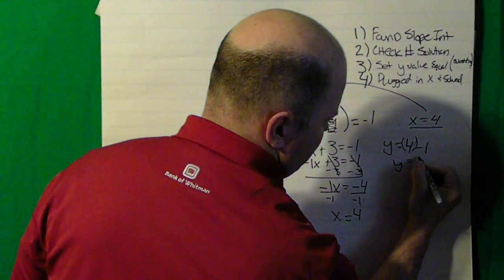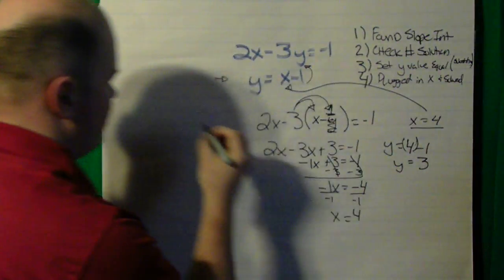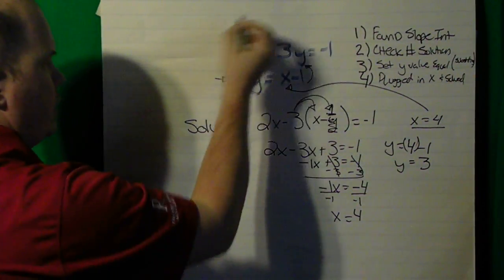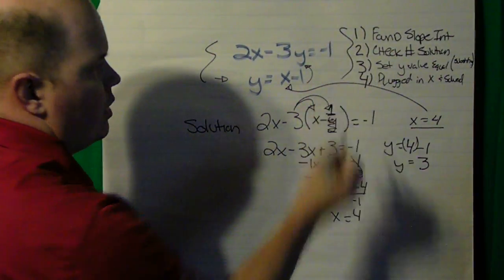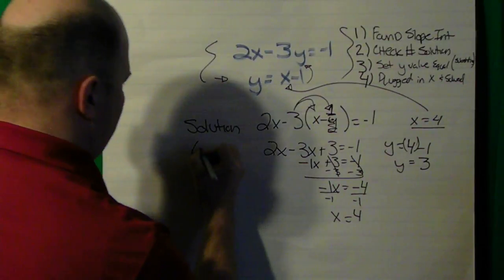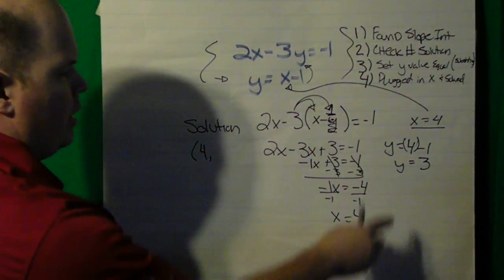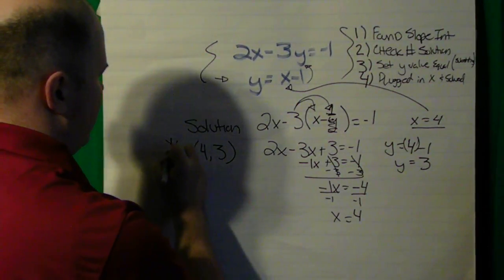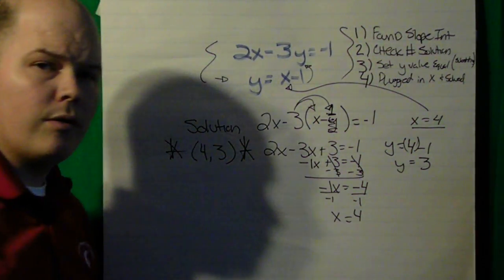Y is equal to 3. So my solution to this system of equations exists, or they're going to cross, when my x is equal to 4 and my y value is equal to 3. That's what I'm going for.